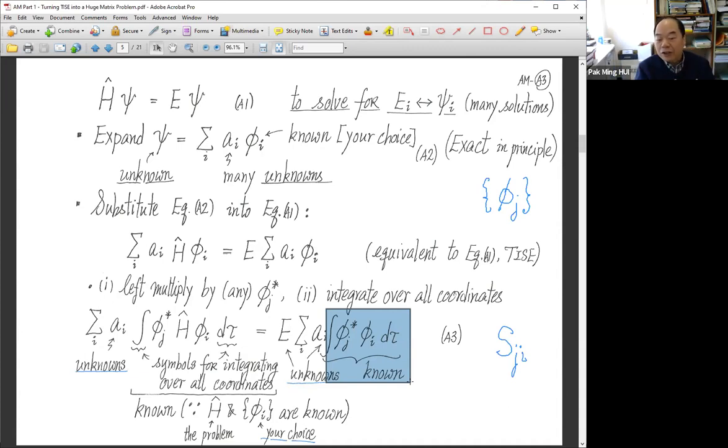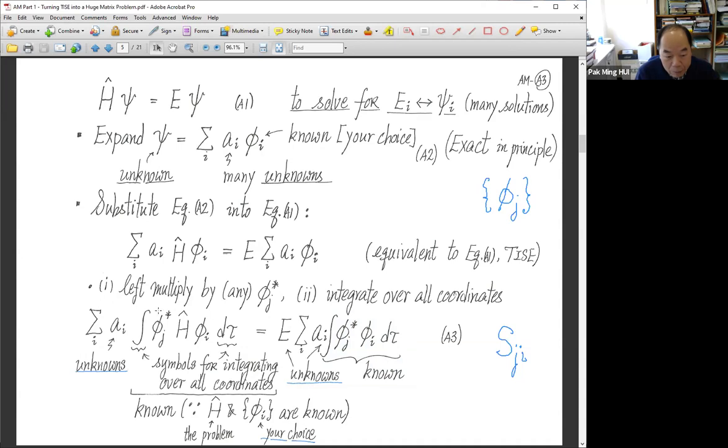So the result depends on which phi i and which phi j are involved in this integral. There are two indices, and that motivates us that we are actually handling a matrix problem here.